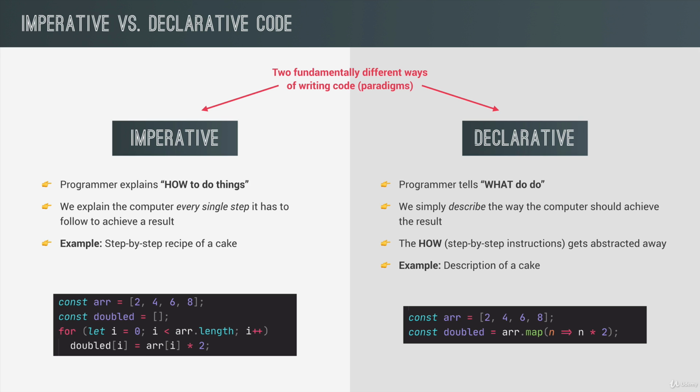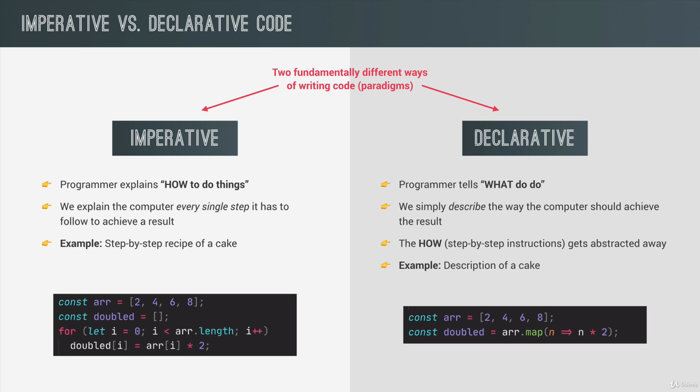All right? This is pretty important to understand because more and more, this is how modern JavaScript code is actually written. So the difference between imperative and declarative is not just some theoretical difference.